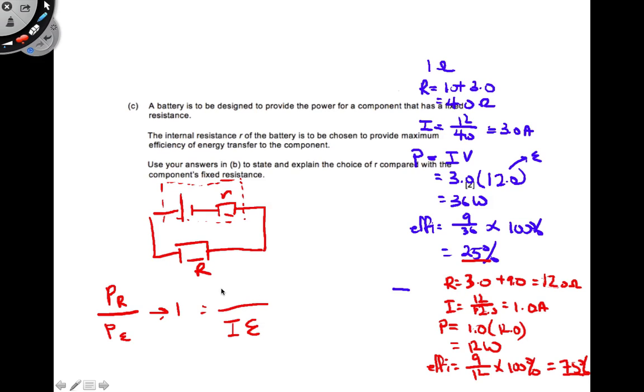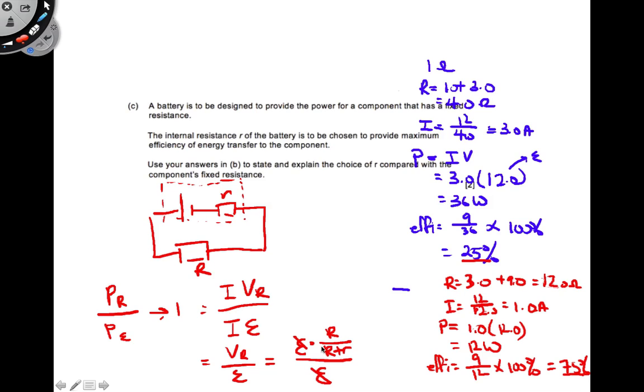In this case, P_R is I V_R, so it cancels off to V_R over E. And V_R, using the potential divider concept, is your EMF times capital R over capital R plus small r, divided by E again. I can make the necessary cancellation.